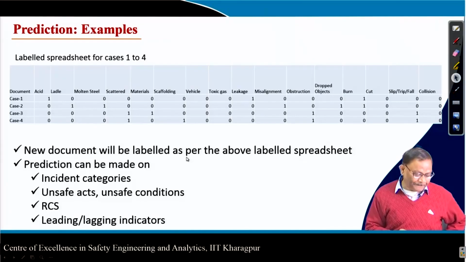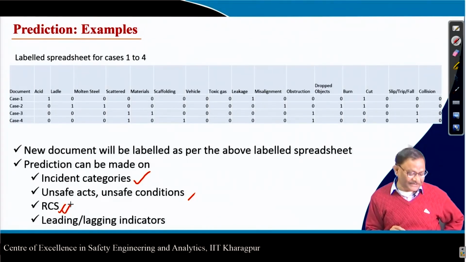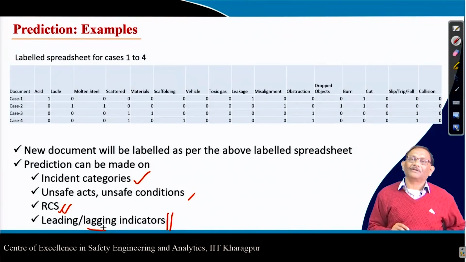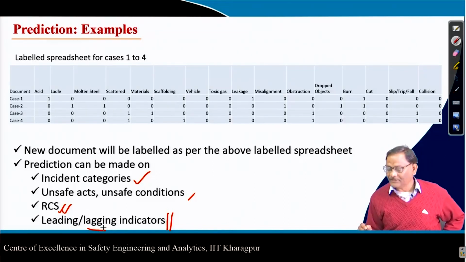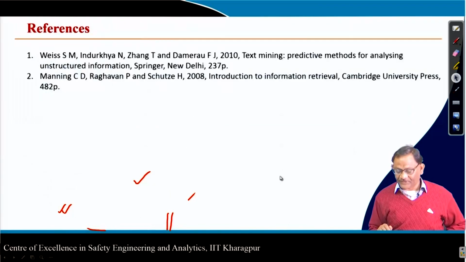Now suppose I want to predict what incident category, unsafe conditions, or whether the risk control system is successful or fails, that can be predicted. Similarly, you can create leading and lagging indicator related prediction models also, absolutely that is possible. So there is enough scope once you have structured data from the text.